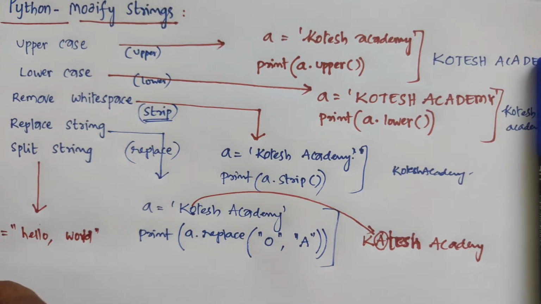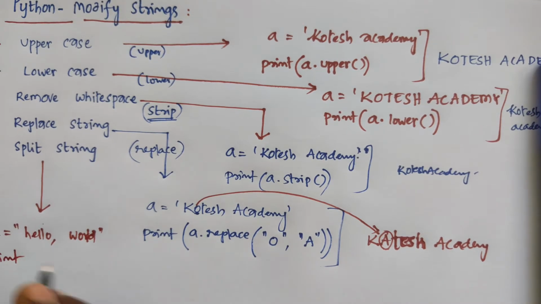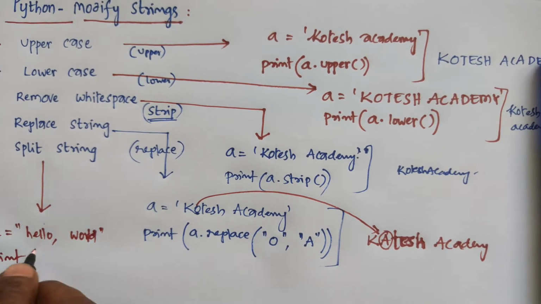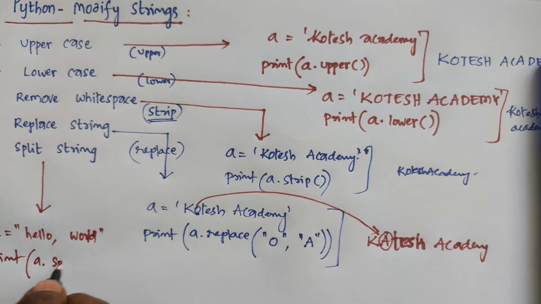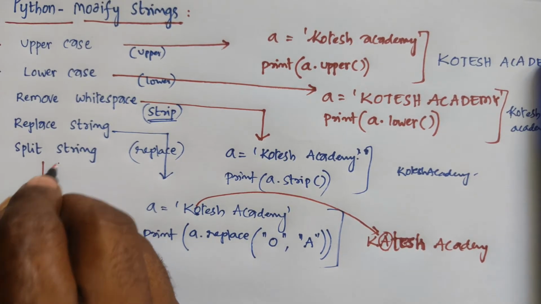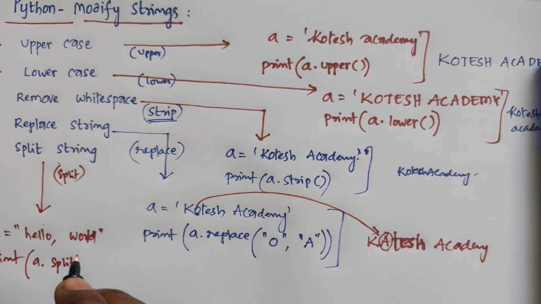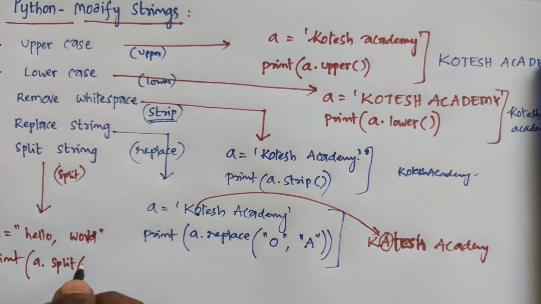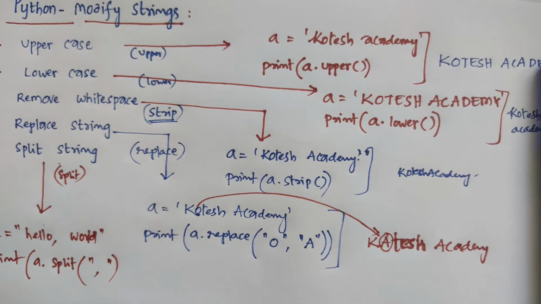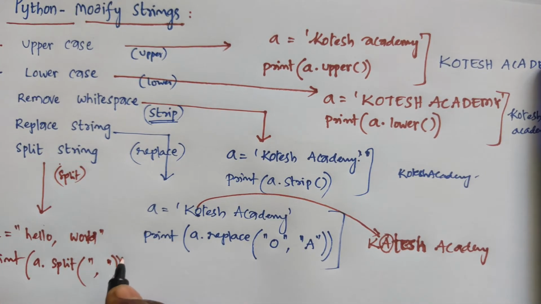Okay, then you can write this instruction: print A dot split. That inbuilt function is split. Then you can convert it to two strings, like that you can take.